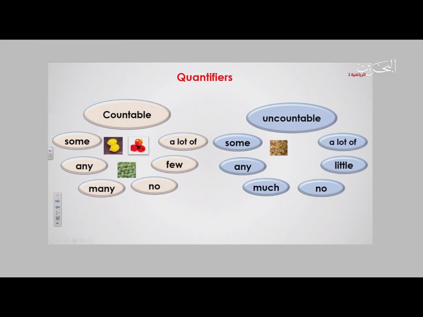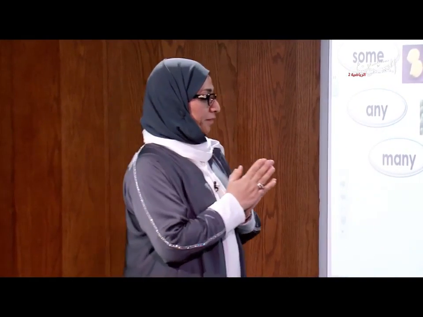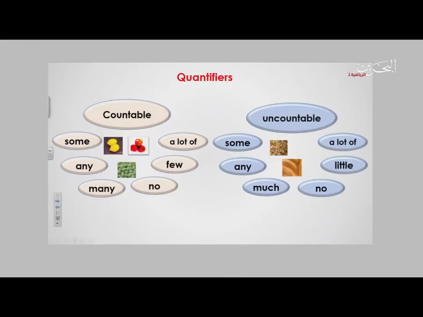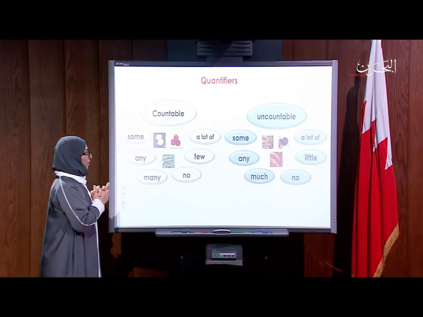For example, do you have any nuts? Or how much nuts do you have? This is bread. I have little bread. And this is coffee. How much coffee do you need? These are examples of the quantifiers, and how we use them with a countable group or uncountable group.